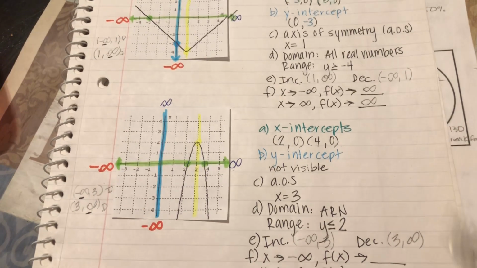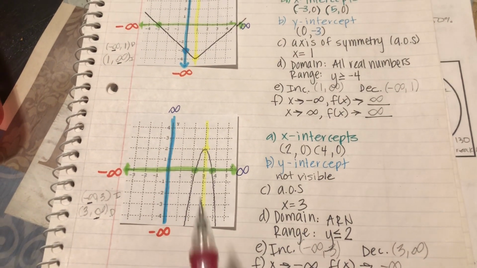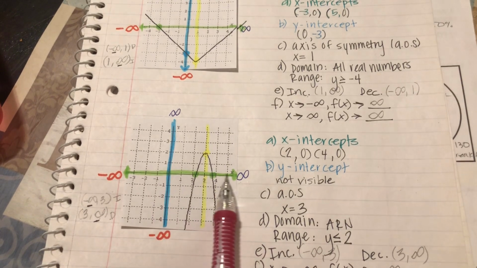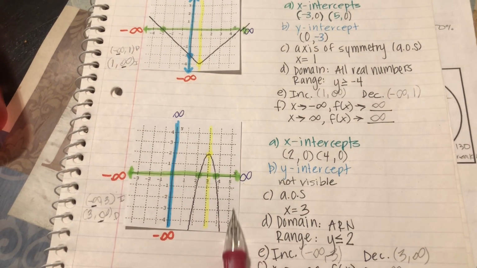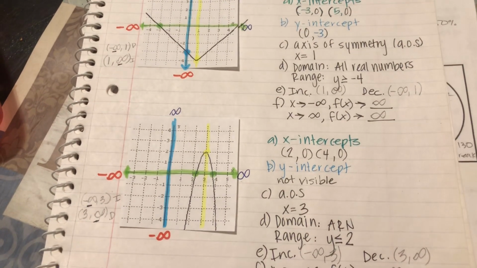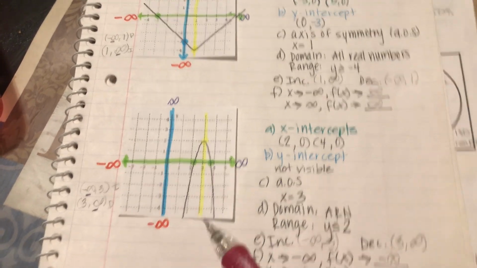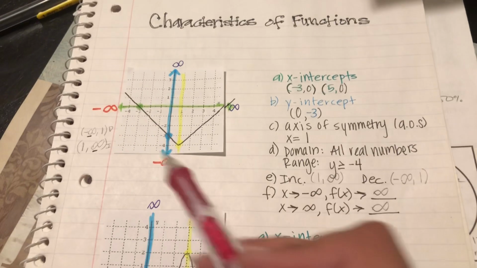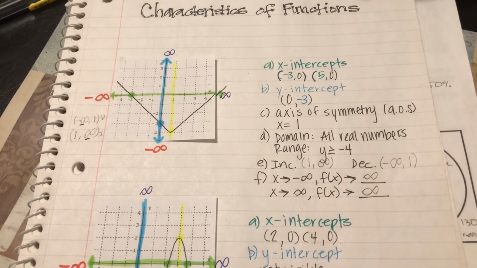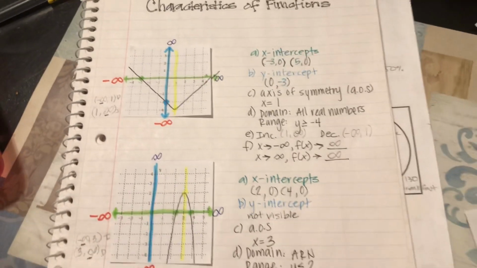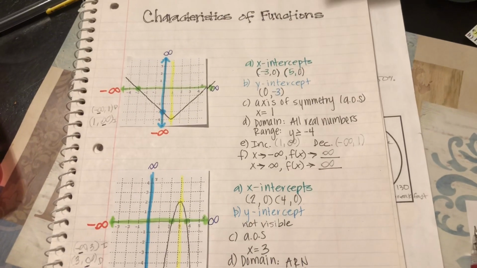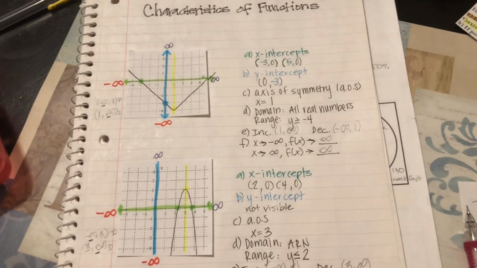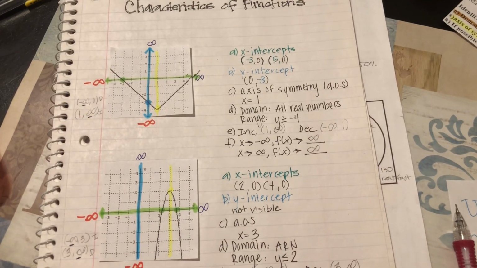Down here, negative infinity. As x approaches positive infinity, where do I need to go to meet my graph? Down here, negative infinity. You guys see? Sad face, 2 negatives. Happy face, 2 positives. If you guys have questions on the absolute value and on the parabolas, how to identify the characteristics, I hope this helped.